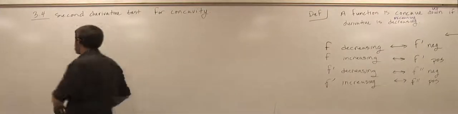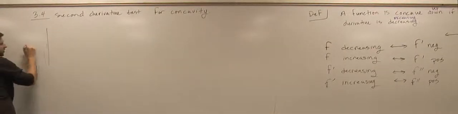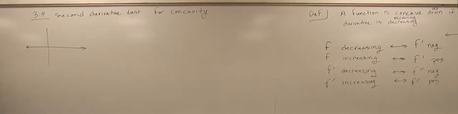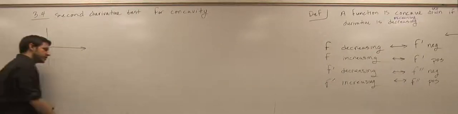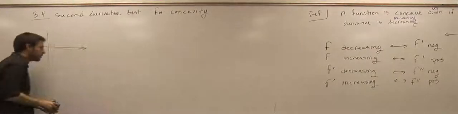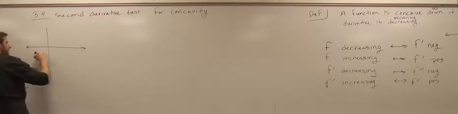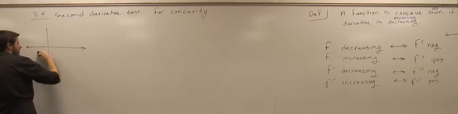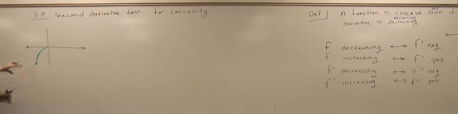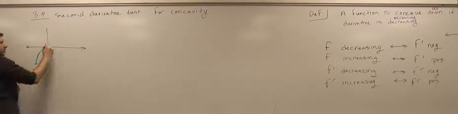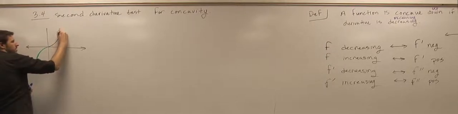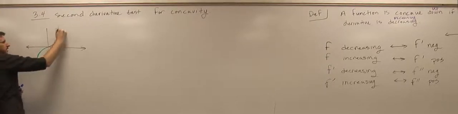One more definition before we do that. Sometimes your function changes from concave up to concave down, or from concave down to concave up. So for example, if you think about the x cubed function, this part of the x cubed function is bending downward. But right after you go through 0, x cubed starts looking like this.